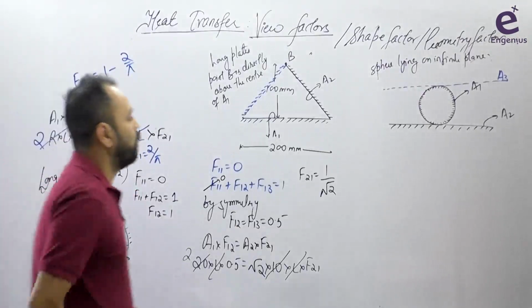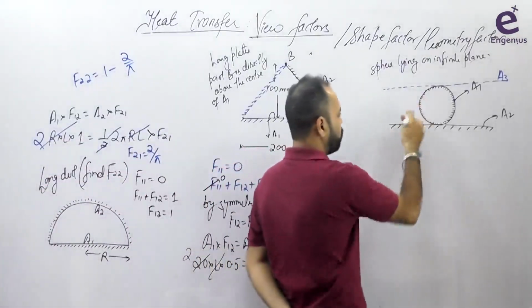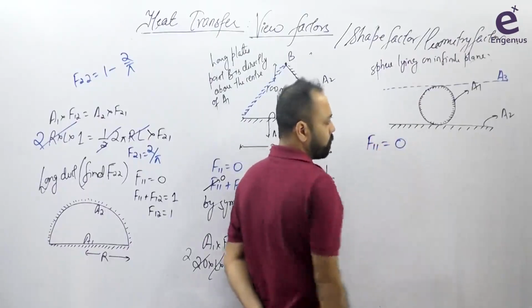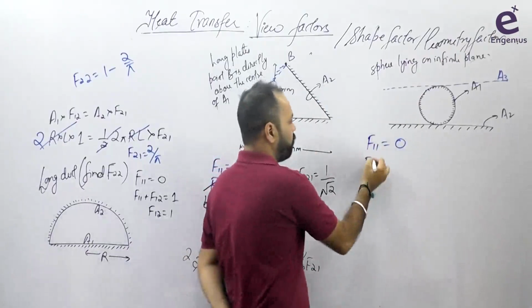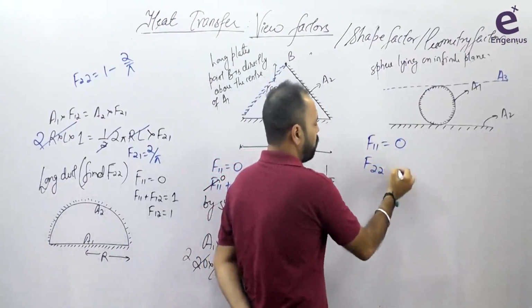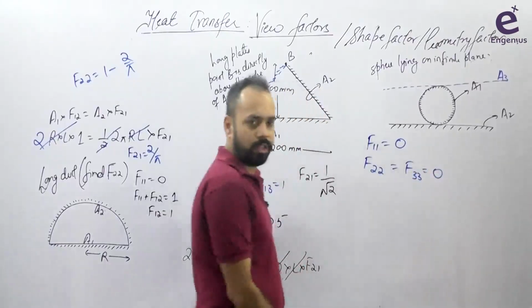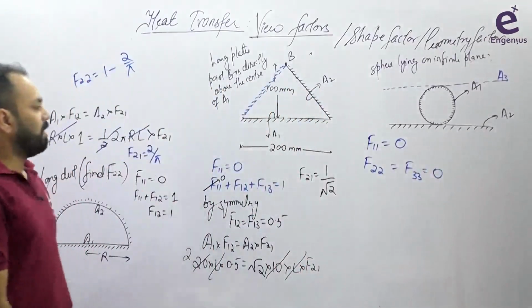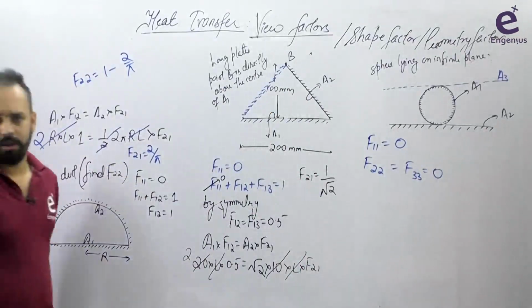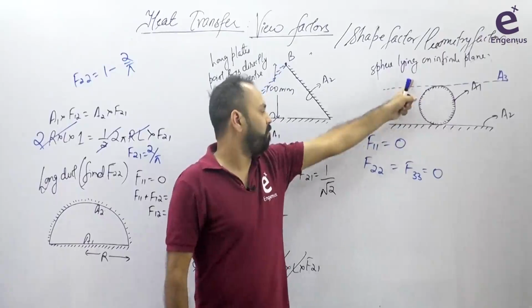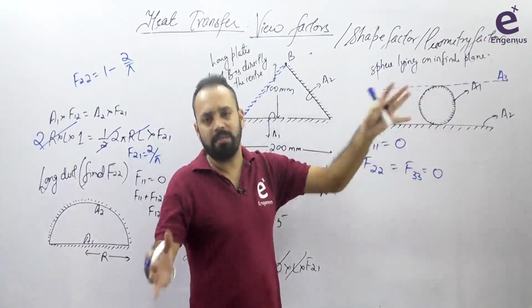F21 we have to find. So, think about this. This is surface 1. Of course, this is convex surface, so F11 is equal to self-view factor is equal to 0. The self-view factors of F22 and F33 should also be 0. Correct? Now, if you consider these two planes, they are infinite. For this sphere, if you imagine yourself as this sphere, this plate as well as this plate, they are symmetrical.